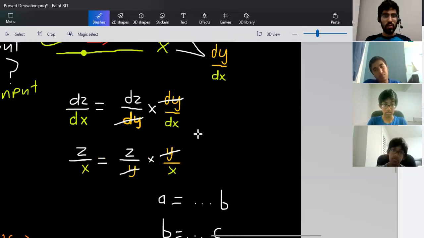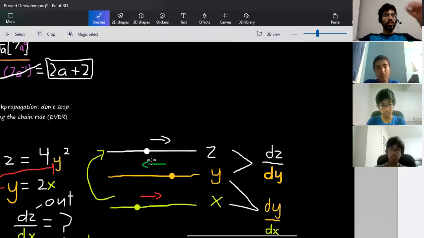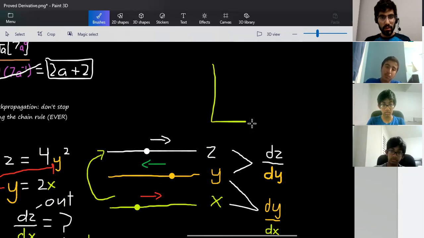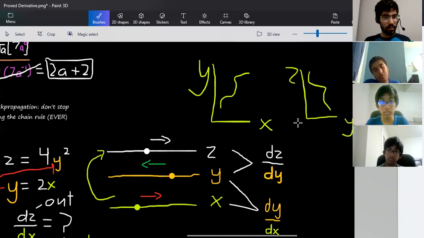With the chain rule, I'd rather think of it as separate graphs. So one graph is x versus y. Maybe you have some pattern here. And then another graph is y versus z. And then you have another pattern here. Make sense? Yeah. All right.